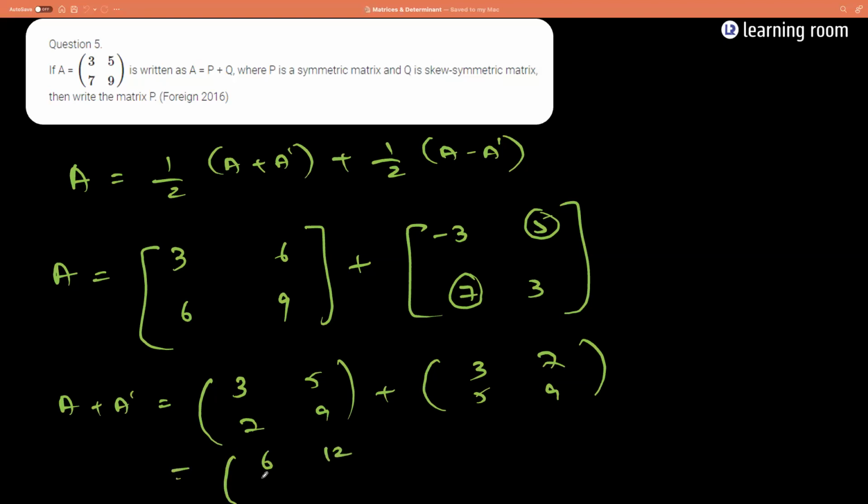Six, 12, 12, 18. So by 2 it will be 3669. 3669. Skew symmetric, another.